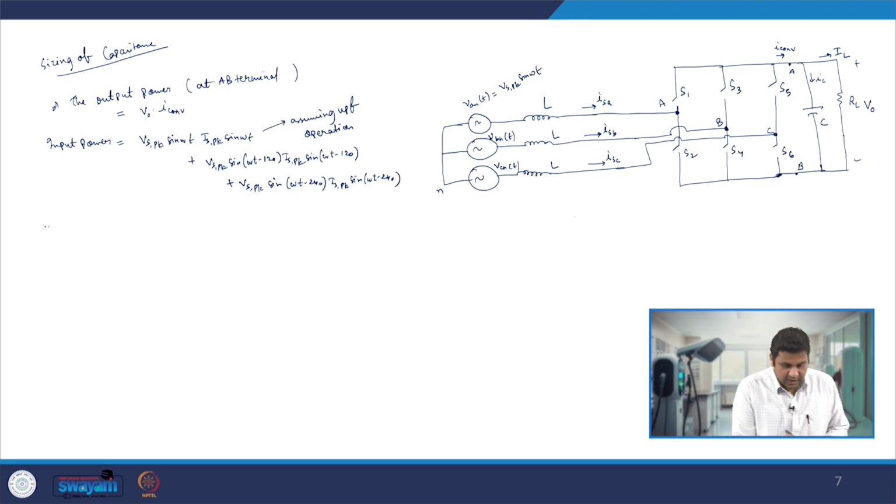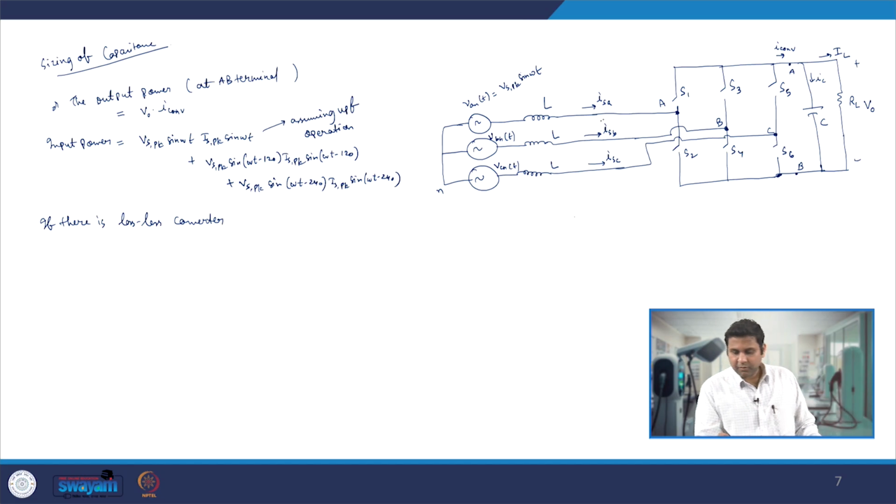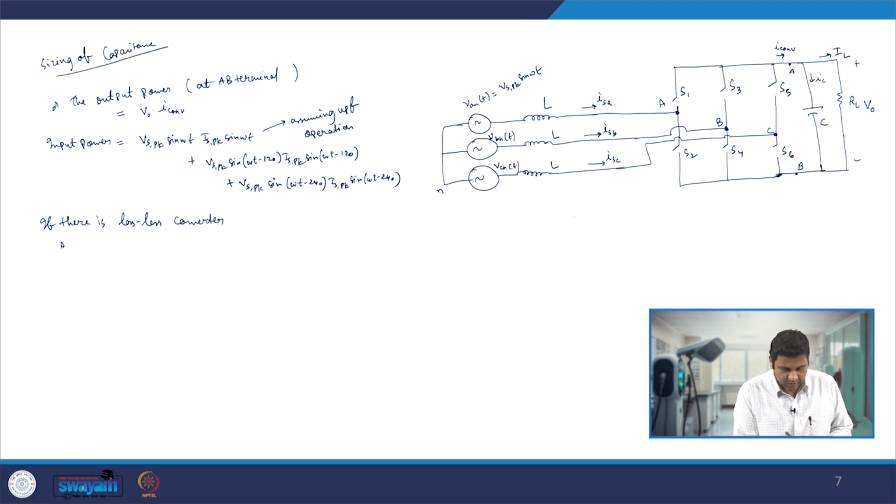and that is nothing but equal to the input power. Now through power balance, if there are no losses in the converter, if it is a lossless converter, that means whatever power is coming from here is equal to the power at that point. So we apply power balance, that means input power is equal to output power.